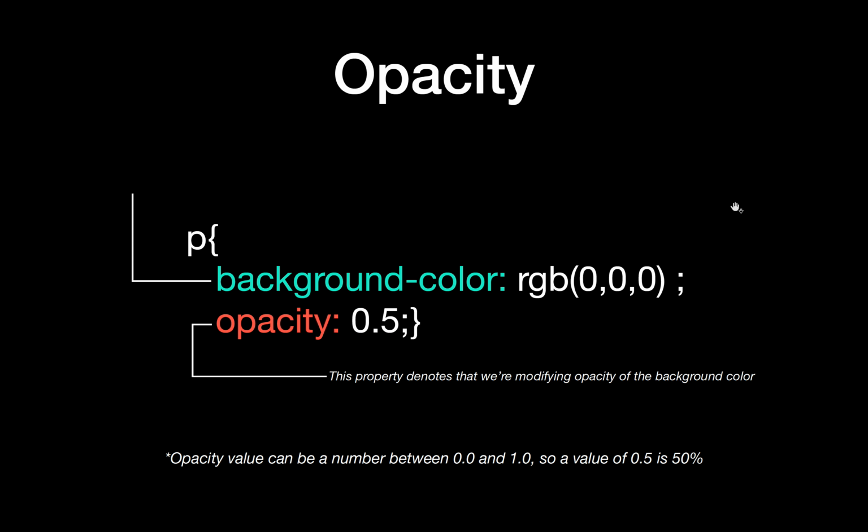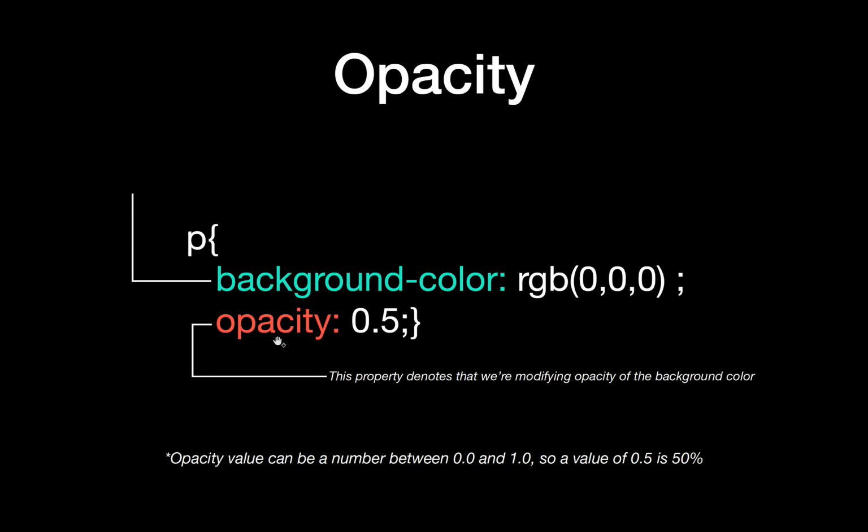All right, so let's take a look at that. We can also define opacity. So for example here, our background color, we're doing this with our RGB. So we're telling it that the RGB, this will be black. Okay, so we have RGB. And then if we want to define opacity, we add an opacity declaration, and then we add our level of opacity.